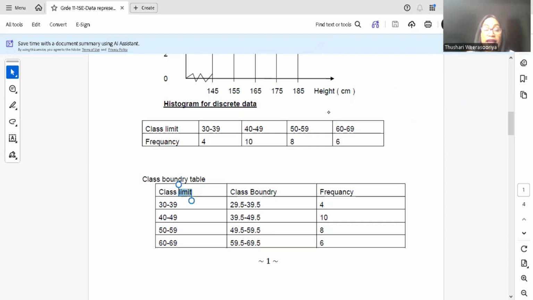To avoid that, we draw a class boundary table. If you have class intervals with gaps like this, now you can see the example 40, there is a small gap here, and here also there is a gap. So you can't draw the histogram at once for this data. Before we draw the histogram, we have to draw the class boundary table.